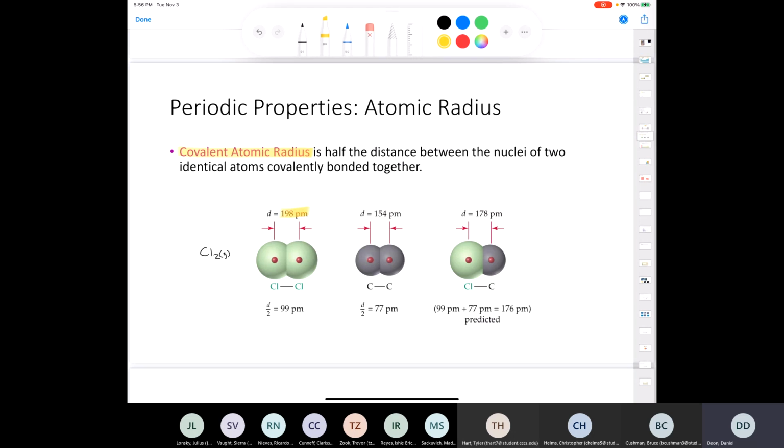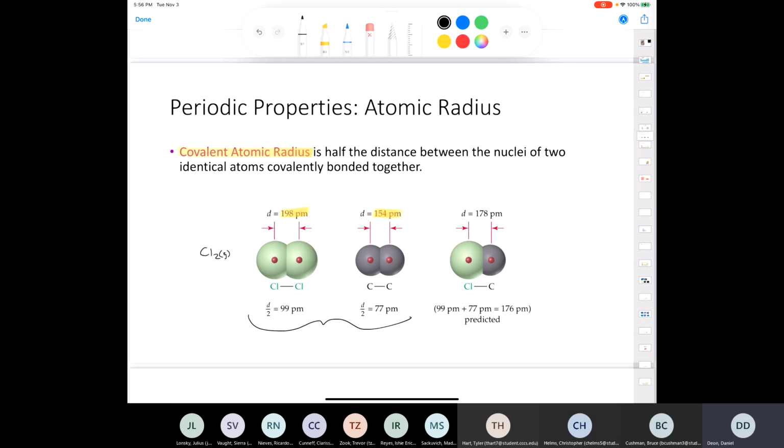The same thing applies to a carbon-carbon bond. We know the distance between the two atoms in a carbon-carbon bond is 154 picometers. We divide that in half, and we get the atomic radius of the carbon atom. So in these first two examples, we define the atomic radii of chlorine and carbon.